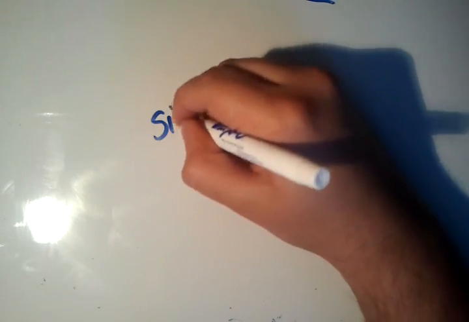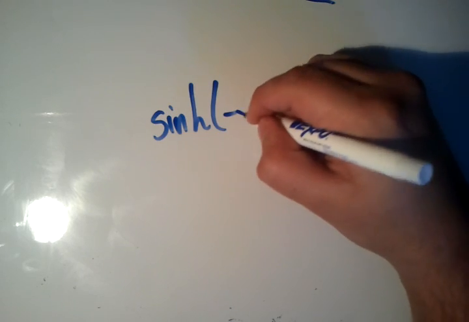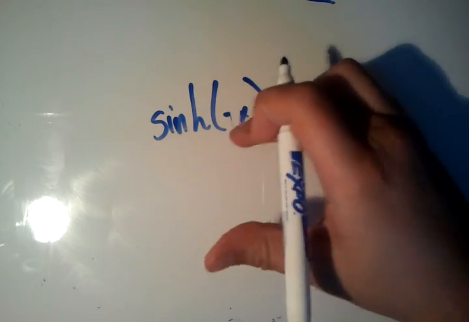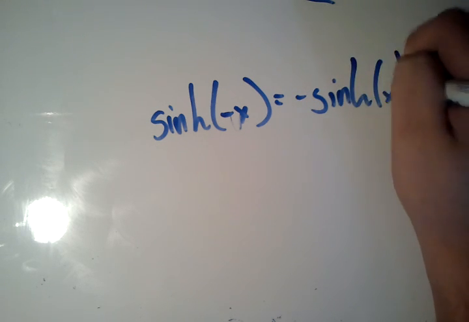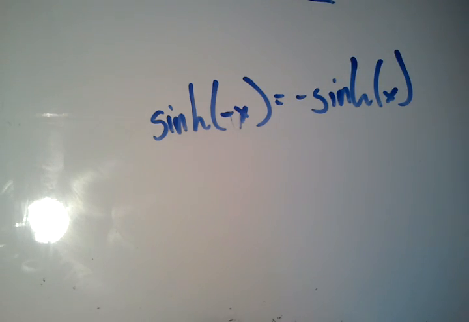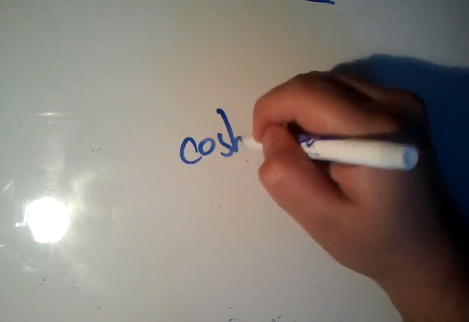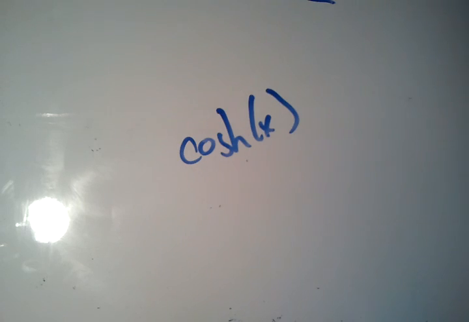The first one we can look at is that hyperbolic sine is just like regular sine in that hyperbolic sine of negative x is equal to negative hyperbolic sine of x. So that means it's an odd function. In the same way, hyperbolic cosine, or cosh, which people write as C-O-S-H, of x is an even function.